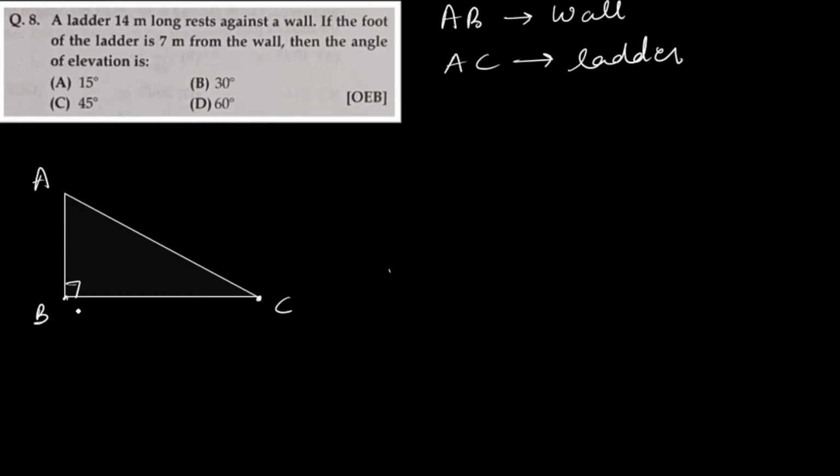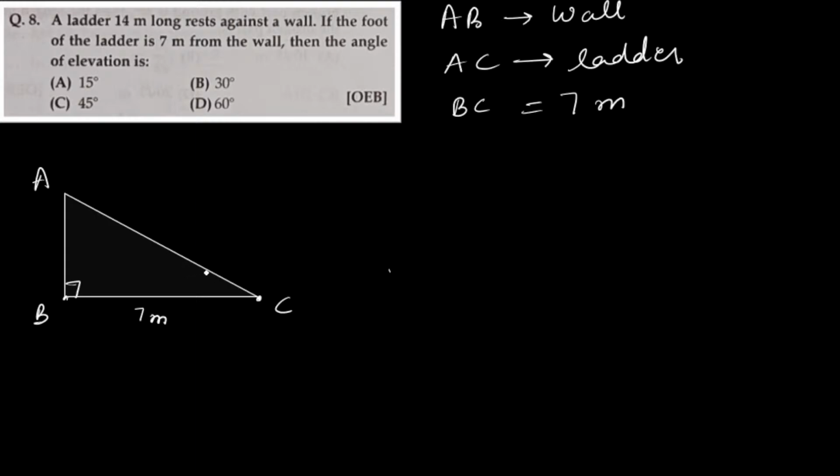The wall's bottom point is B, so from this point the ladder's foot is 7 meters away. So BC is equal to 7 meters.